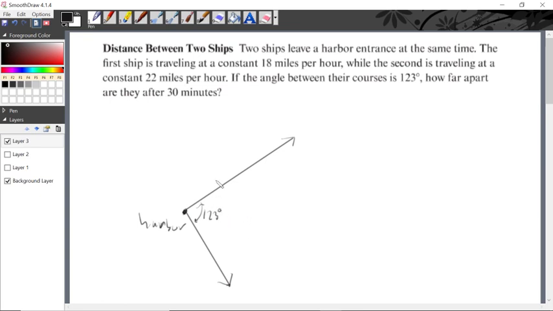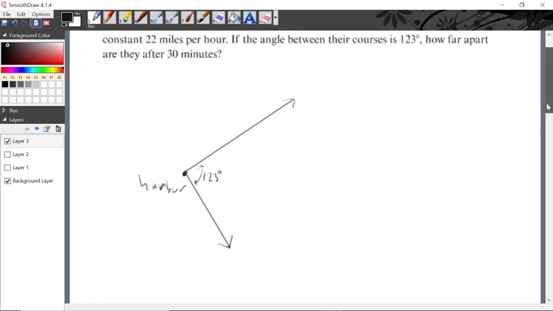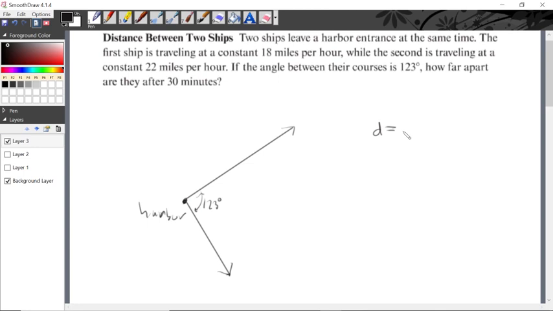Now we're told that one of the ships is going 18 miles per hour, the other is going 22 miles per hour. We might recall that for uniform motion, distance is equal to rate times time, where rate is a speed.